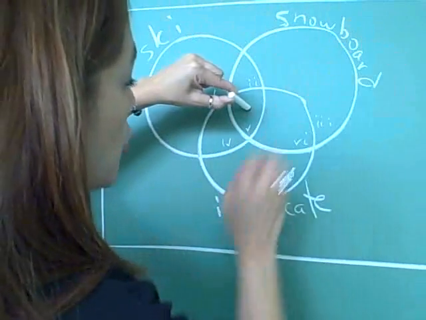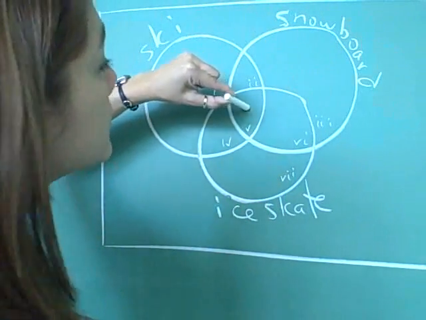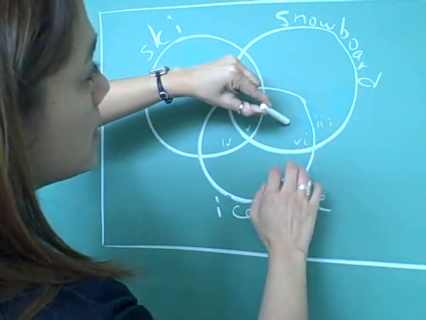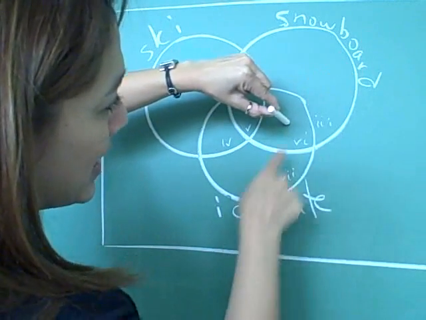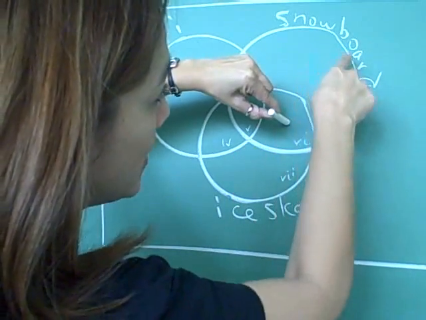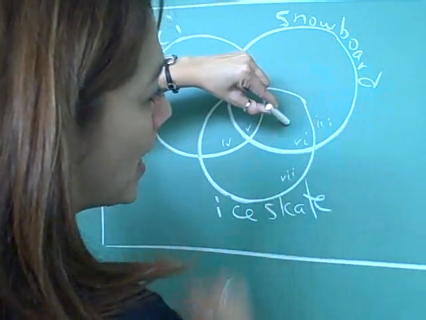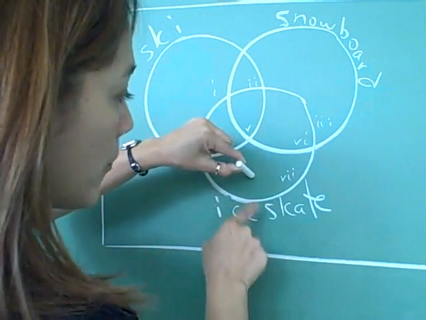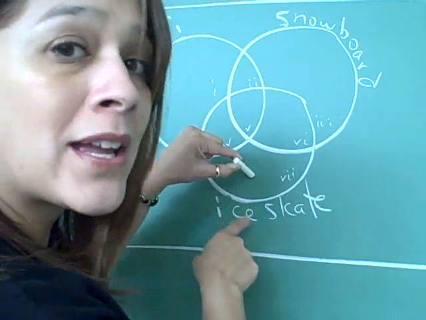You've got skiing, snowboarding, and ice skating. Region 6 is snowboarding and ice skating. Those people who like to do both of those activities because you land both in the snowboarding circle and the ice skating circle. Region 7, only those people who only like to ice skate.